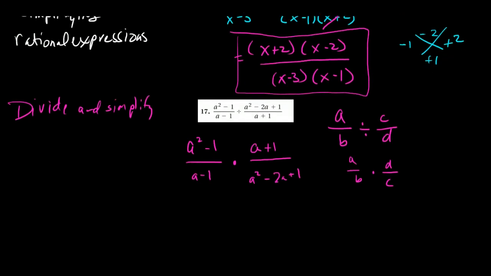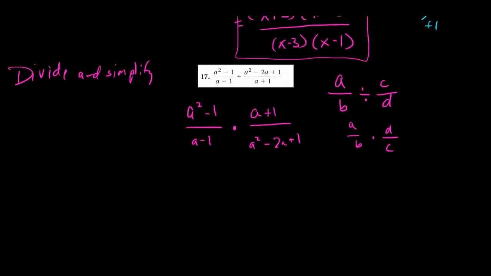Now, let us have our fun factoring. A squared minus 1 is the difference of two squares, so I'm going to say root plus root times root minus root, and all of that goes over a minus 1. Cool beans. A plus 1 is not factorable.